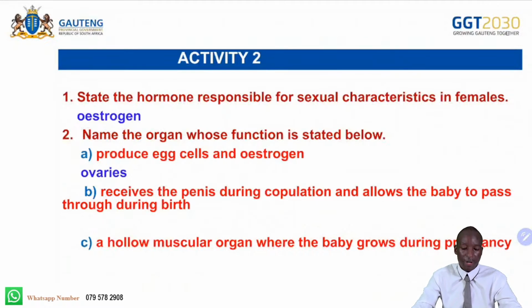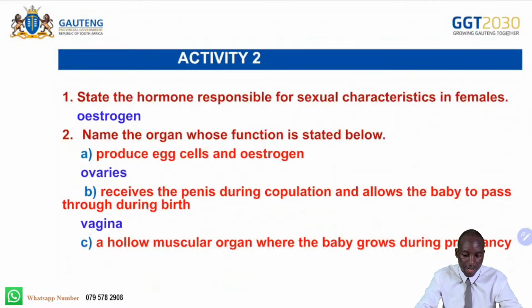B, the one which receives the penis during copulation and allows the baby to pass through during birth. This organ is the vagina. That's the one which receives the penis during copulation, and it's the one which allows the baby to pass through during birth.